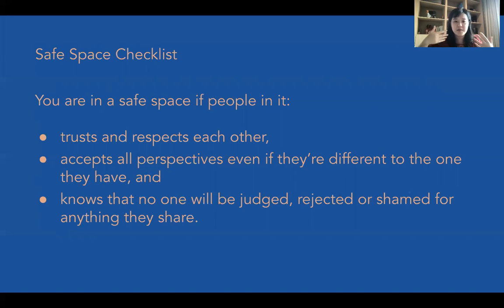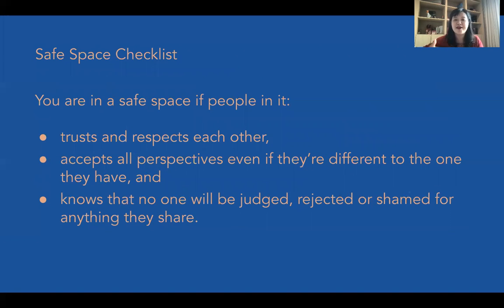No matter how hard we ask ourselves why am I feeling uncomfortable here, it's really hard to put things into boxes in a very short period of time. So I think this checklist can help us understand whether we're feeling uncomfortable because this is not a safe space for us, right? So let's take a look at this checklist.